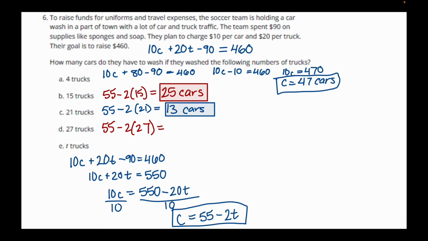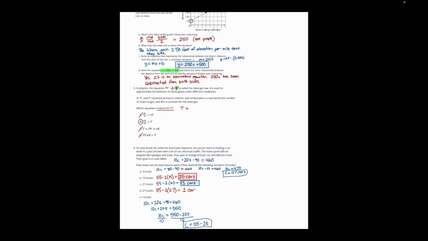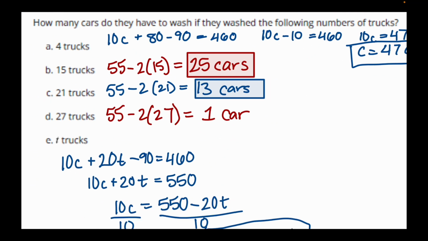And then 2 times 27 is going to be 54. So 55 minus 54 is going to be 1 car. So this would be if everything was a truck, they would need one last car to finish it off.